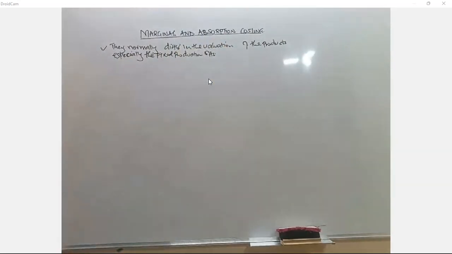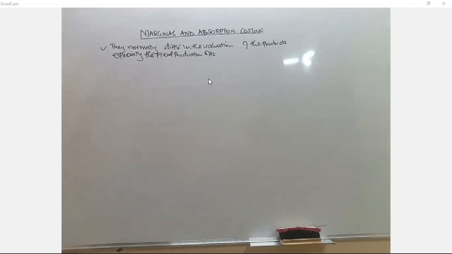So it means that with marginal and absorption costing, there is one which normally recognizes the availability of the fixed cost. There is another one which does not recognize or factor the fixed production overheads as a relevant cost. So that is the difference between the two.